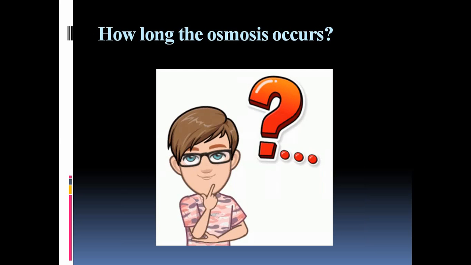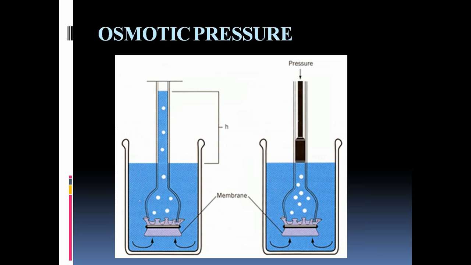Now how long does osmosis occur? Any idea? Do you think osmosis will occur until both solutions become equilibrium? No, it is not like that. Osmosis stops when the osmotic pressure increases. What is osmotic pressure?